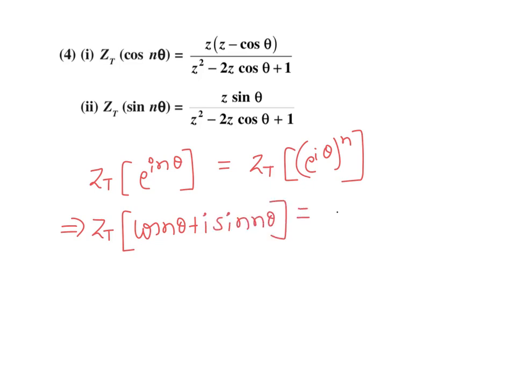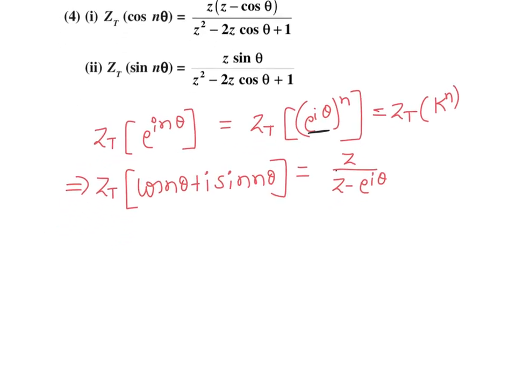On the other side, this is in the form of the Z transform of k power n, so this is z by (z minus k), where k is e power i theta. So it is z by (z minus e power i theta).